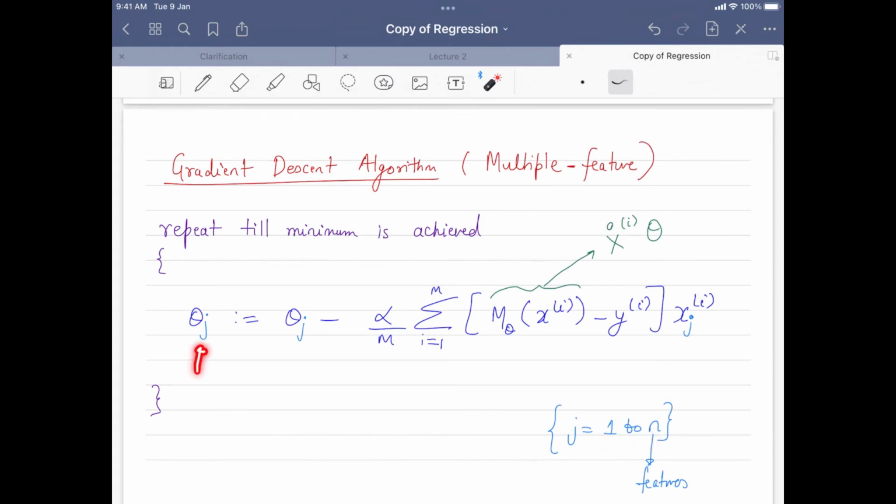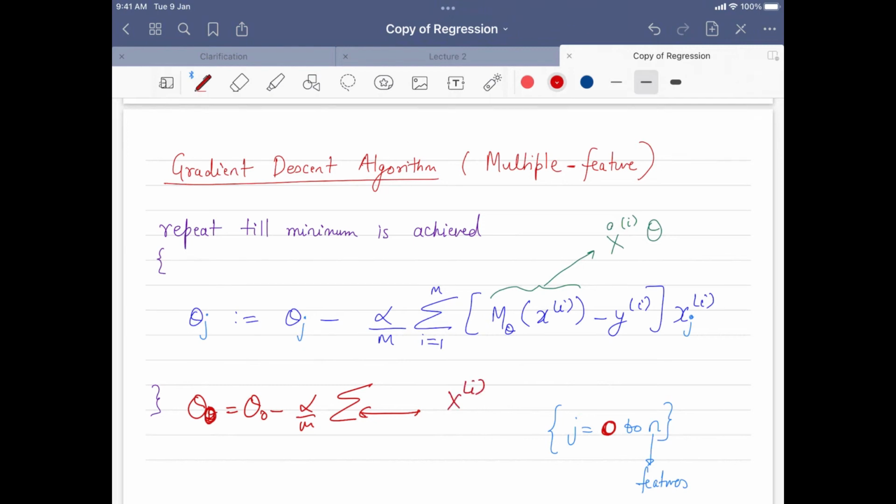So in theta j, it should not run from 1 to n, it should run from 0 to n. So basically we represented theta 0 also, right? So theta 0 will be nothing but theta 0 minus alpha by m, summation of all these values.